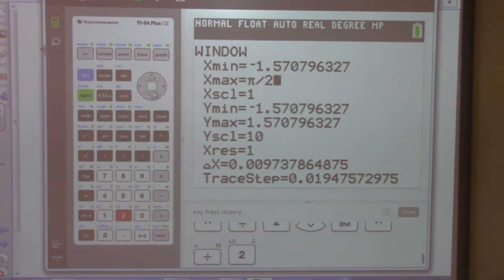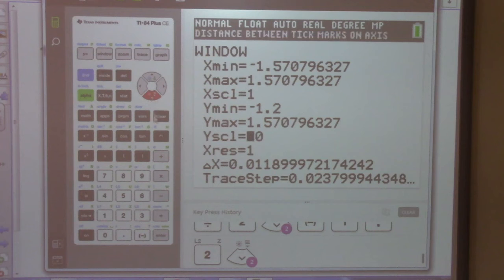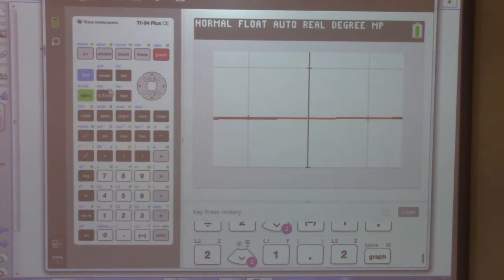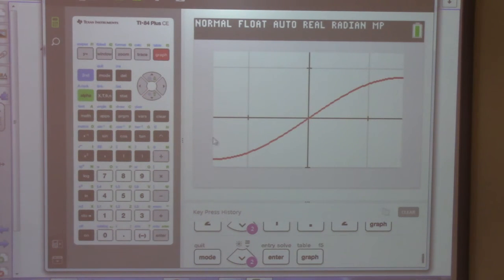And our y minimum, I'm going to put negative 1.2, and I'm going to put 1.2 here. Something is amiss. Oh, I know what it is. I have to change my settings to radians here. Here we go. There we go.